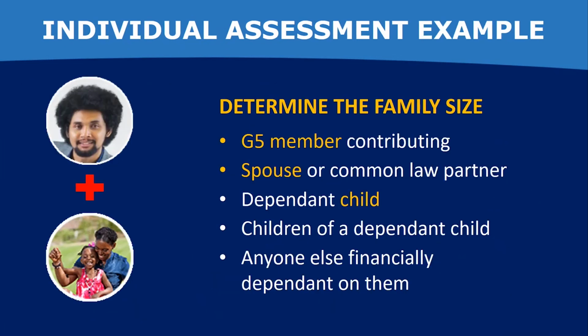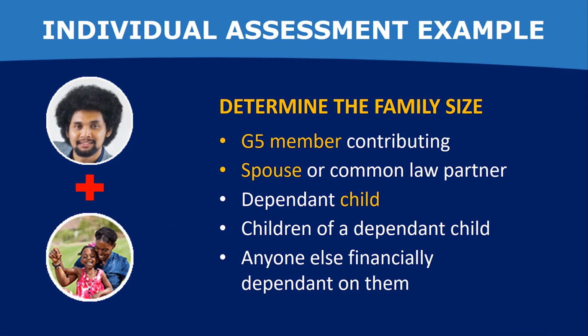Now, to determine Jamil's family size. The family size is going to include Jamil himself and his spouse or common law partner and his dependent children, or if his dependent child has a child, and anyone else who is financially dependent upon Jamil.